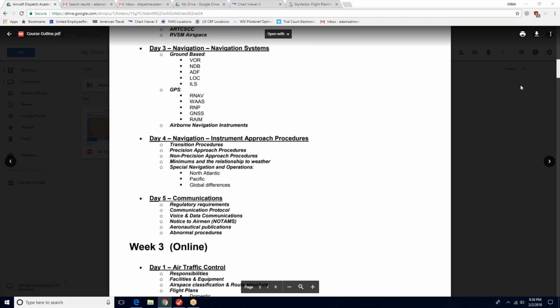The true definition is that they deconflict potentially conflicting traffic by the use of specific routing, levels, speed restrictions, and checkpoints. Now you don't have to necessarily say it like that, but the biggest purpose is to reduce workload between pilots and ATC.